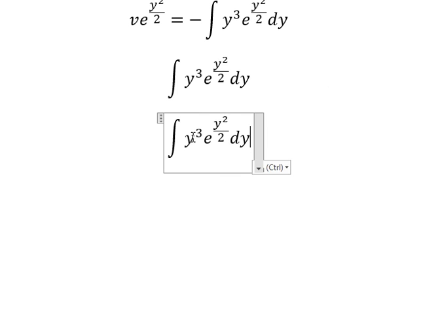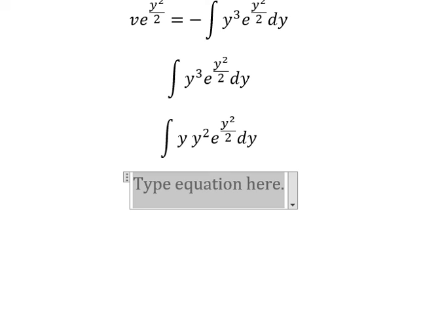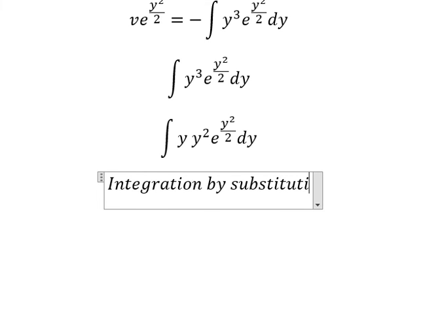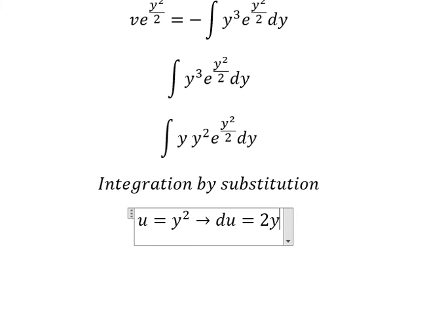So this one I can put into y and y squared. Now we need to use integration by substitution. So I will put u equals y squared. For u, we do the first derivative for both sides and you got 2y dy.